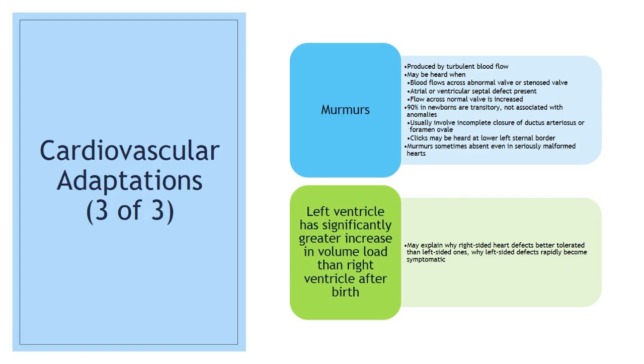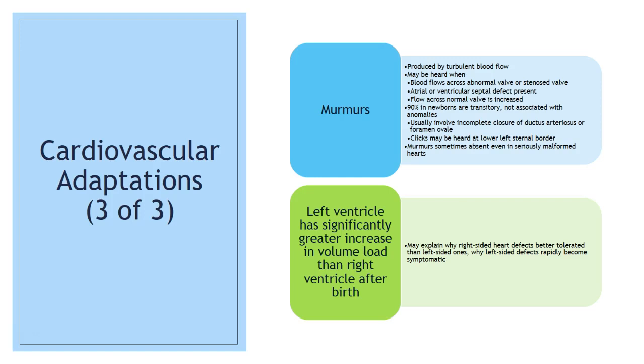The left ventricle in the newborn has a significantly greater increase in volume than the right ventricle after birth. And that can explain why some of the right-sided heart defects or congenital heart anomalies are better tolerated than the left-sided ones.